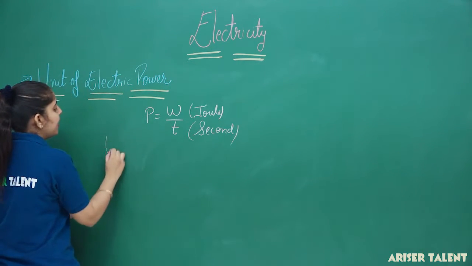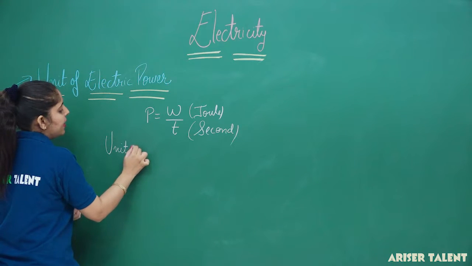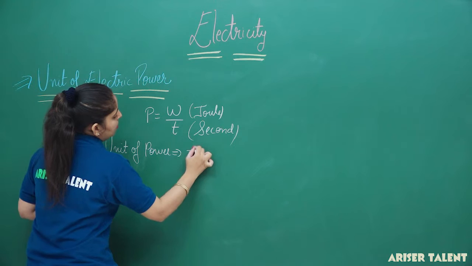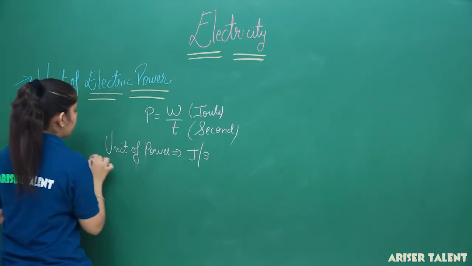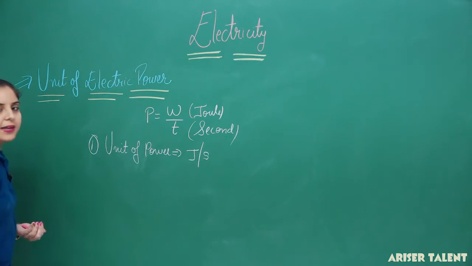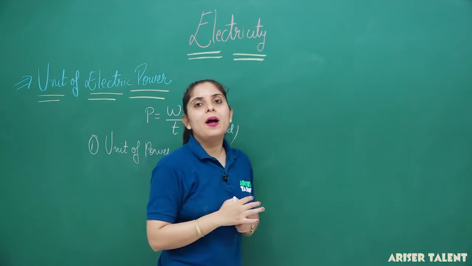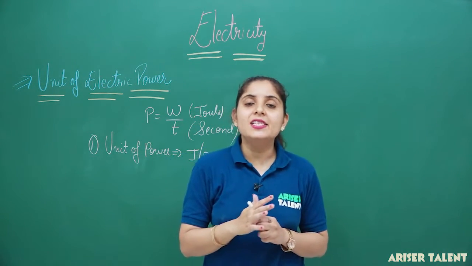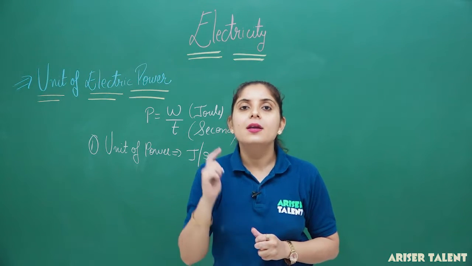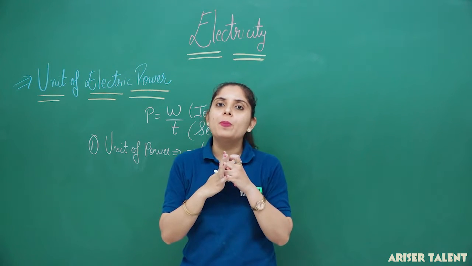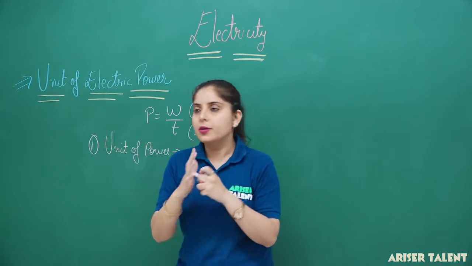So I can write here the unit of power is joule per second. So this is the first unit we are getting. But if I am talking about the standard unit of power, the joule per second is usually termed as a watt, and this watt is denoted by W. So the standard unit for calculating the power will be watt.